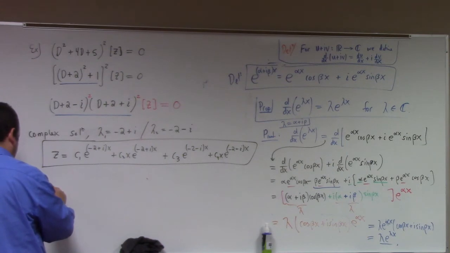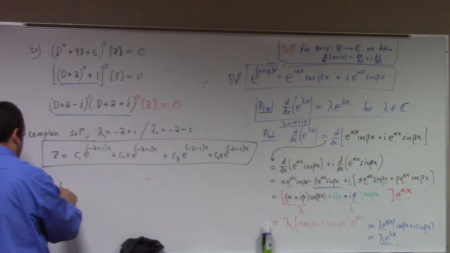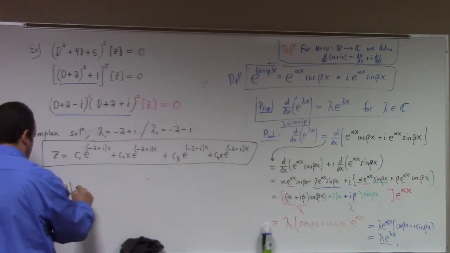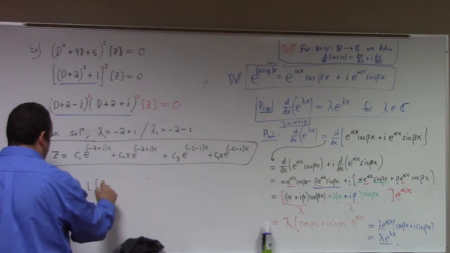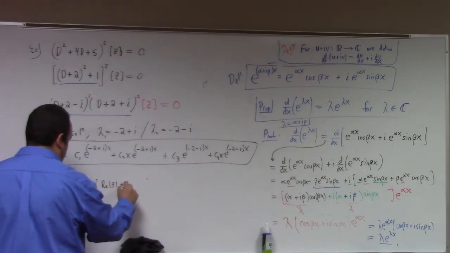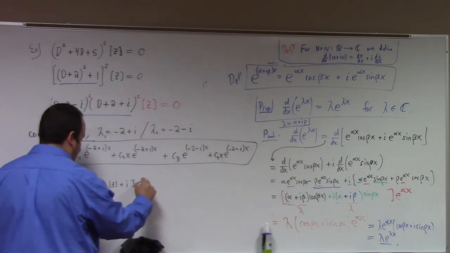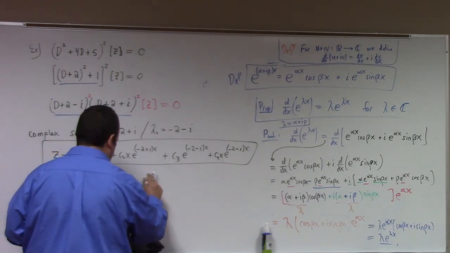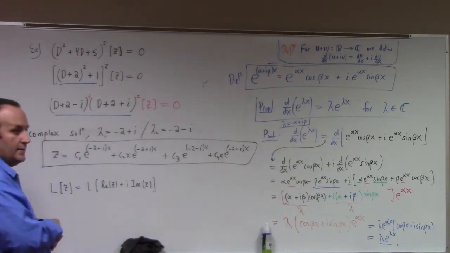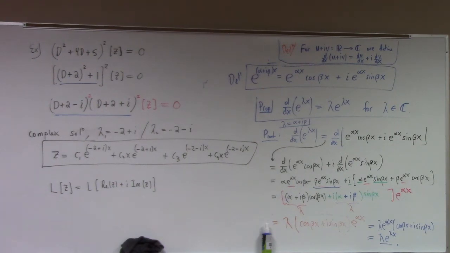is that if we have L acting on Z, we can say that's L acting on the real part of Z plus I times the imaginary part of Z. And because L is a linear differential operator, what do I get?